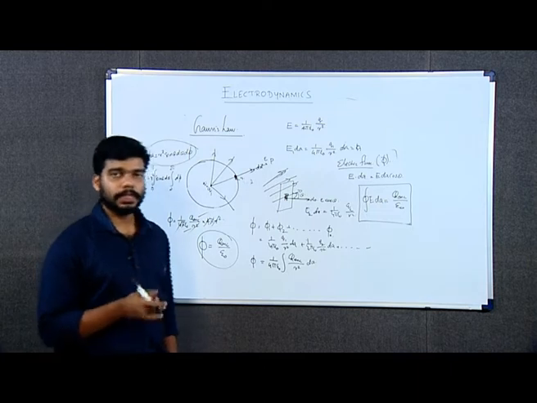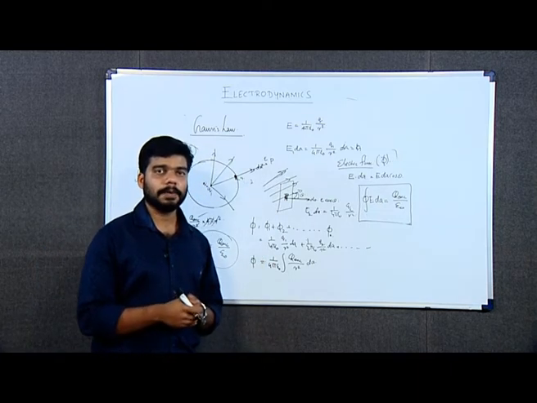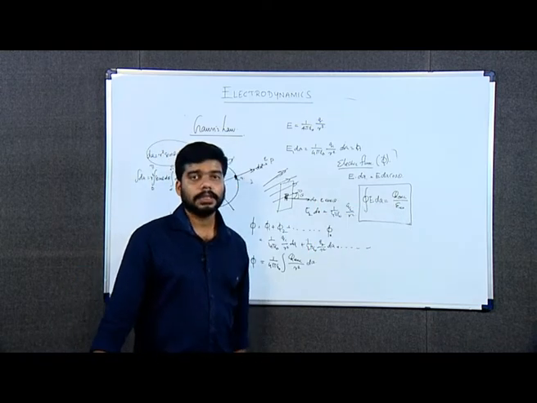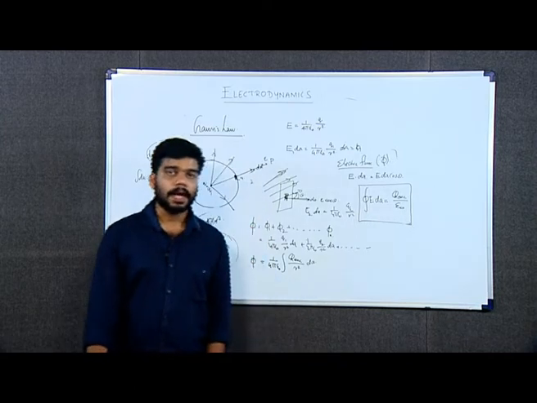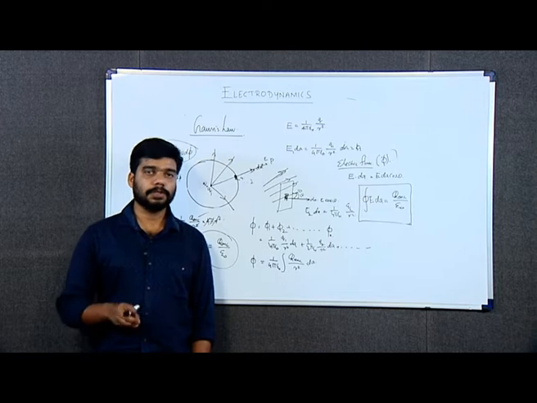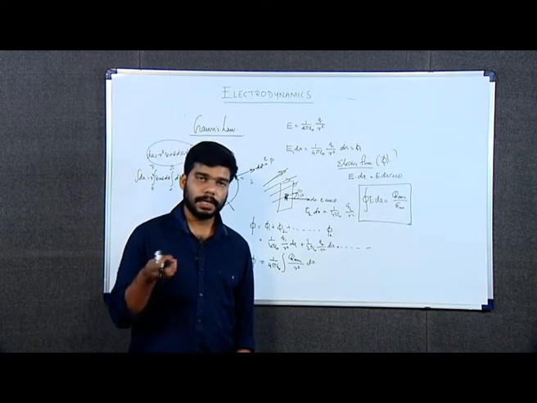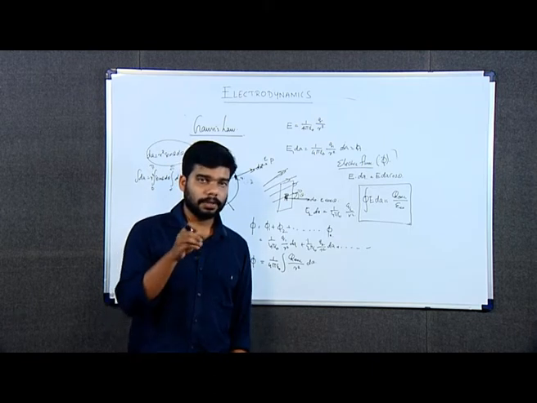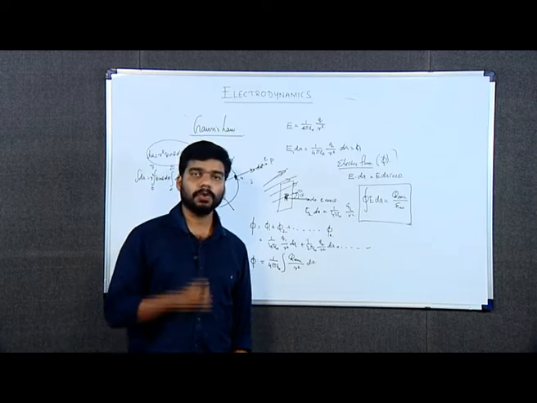So Gauss's law states that the total flux through any closed surface is directly proportional to the total charge enclosed in that surface. The main speciality of Gauss's law is that the surface should be a closed surface, and you can take any 3-dimensional surface to explain the electric field at any point using Gauss's law.